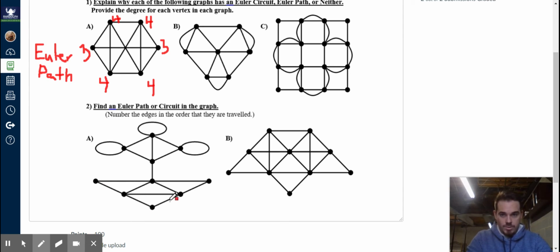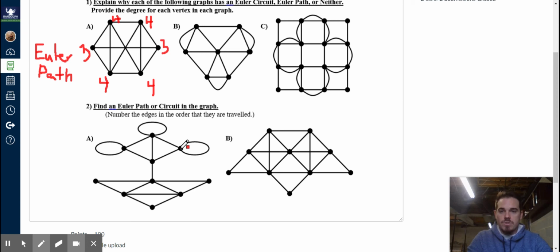So 1, 2, 3, 4, don't start there. 1, 2, don't start there. 1, 2, 3, 4, no. 1, 2, no. Here, 1, 2, 3, 4, 5, that's important. Here, 1, 2, 3, there's another odd. This one is 1, 2, remember a loop counts 2, 3, 4. And then here, 1, 2, 3, 4, 5. And then here, 1, 2, 3.